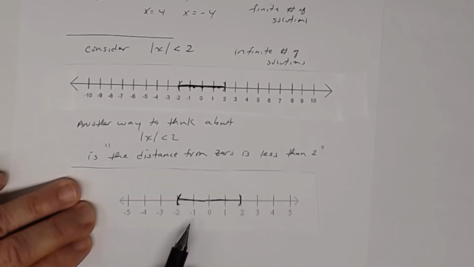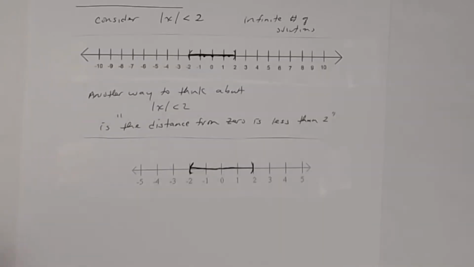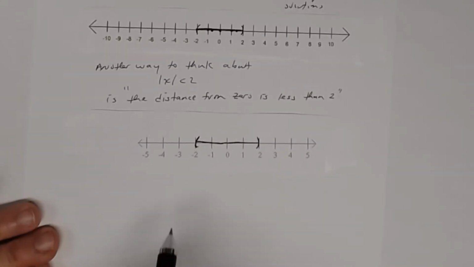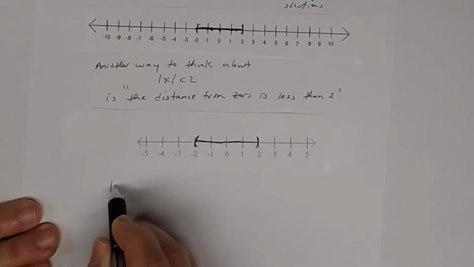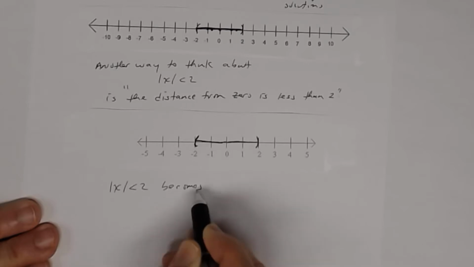Now, when we rewrite this, I want you to notice how you're going to write this in terms of an inequality. So this is an interval right here. This is the graph, and notice I shaded it as an interval. And so when you look at this in terms of an inequality, the absolute value of x is less than 2 becomes this inequality.